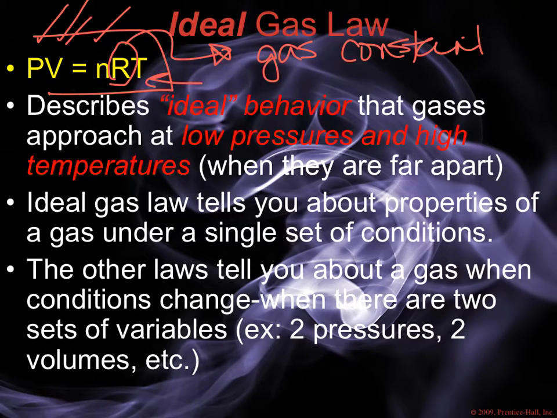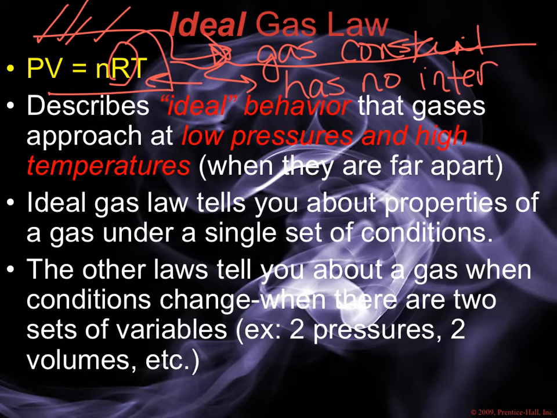So in order to make calculations with this ideal gas law, and as a matter of fact, all of the gas laws, we make some pretty big assumptions about the behavior of gases. And the most important one is that an ideal gas has no interactions between the molecules.